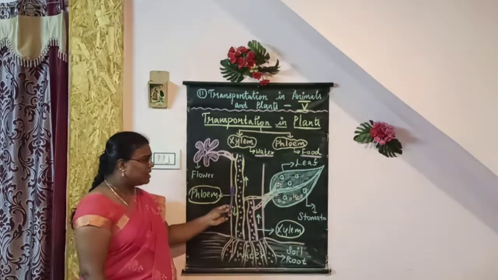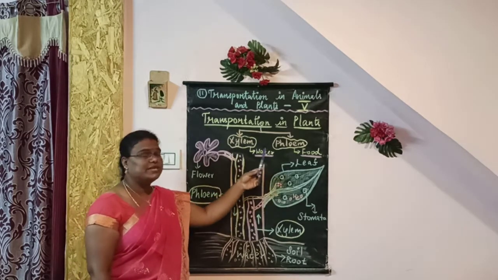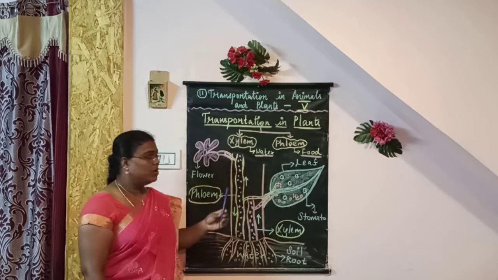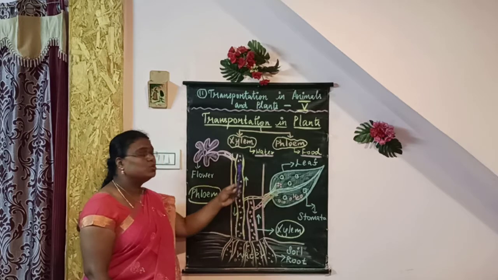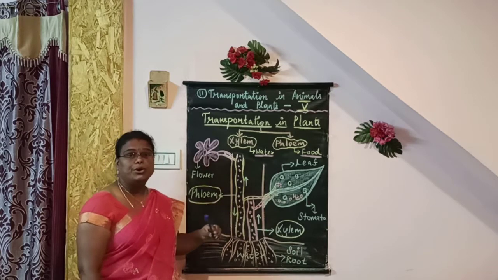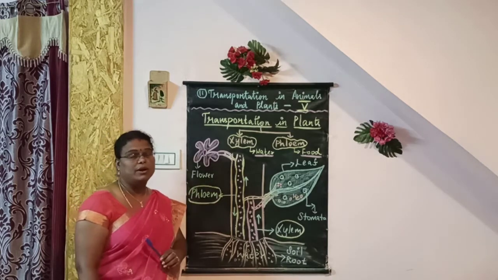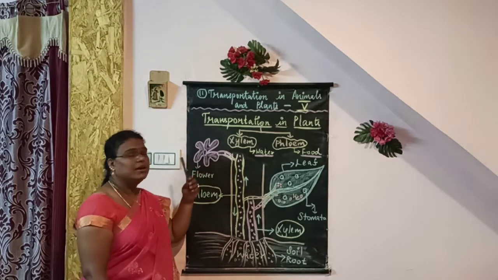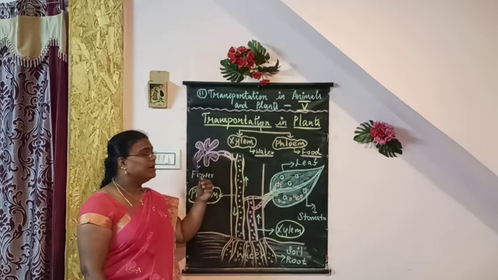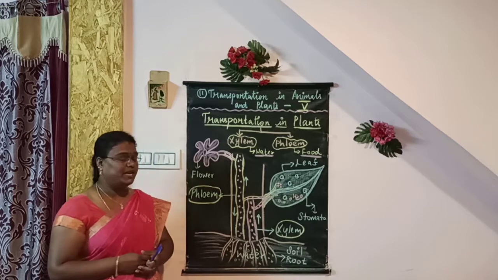And in the stem, as I told already, two conducting vessels, xylem and phloem, are present. That too plays an important role in transportation of materials from one part of the plant to another part of the plant. And the function of the flower is reproduction, and the fruit and others store materials.